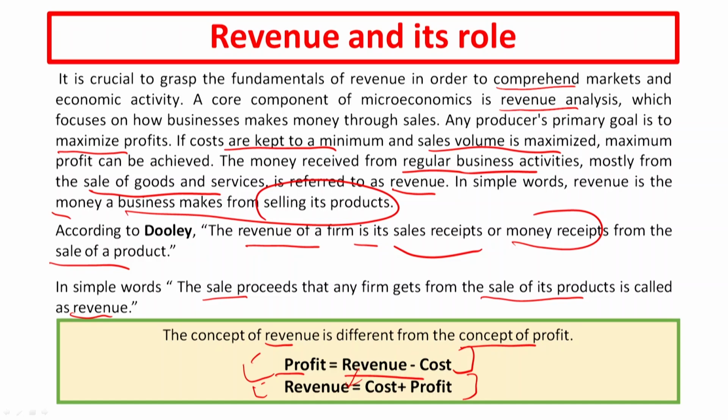To simplify, whenever anyone asks what is the meaning of profit, profit is ascertained by revenue minus cost, whatever revenue you have received minus the expenditures you have made. And when anyone asks what is the revenue you have earned, revenue is cost plus profit.